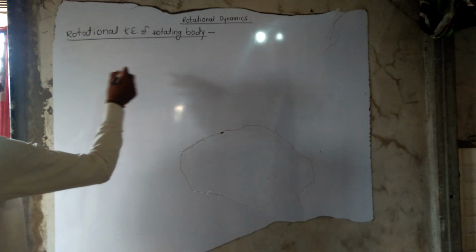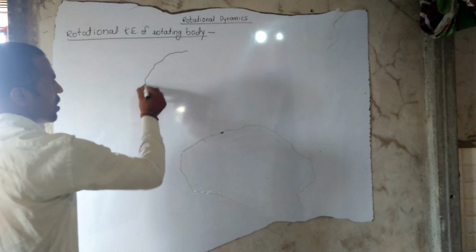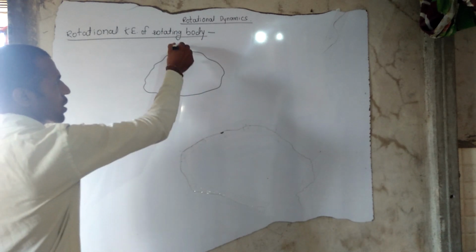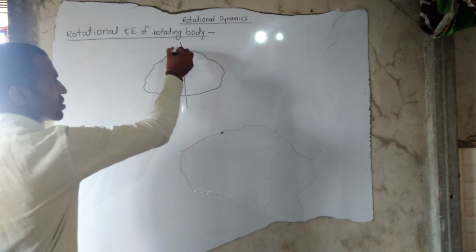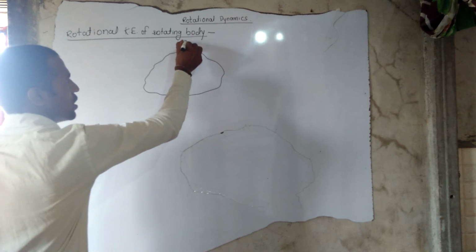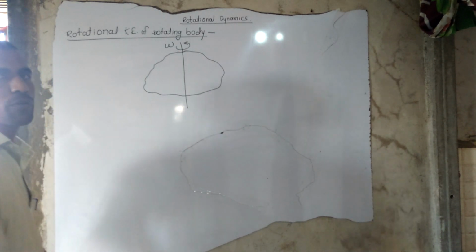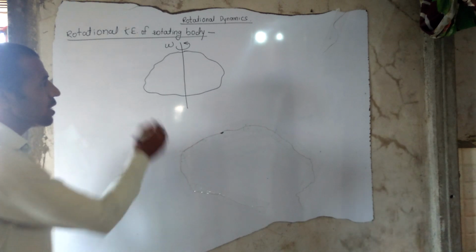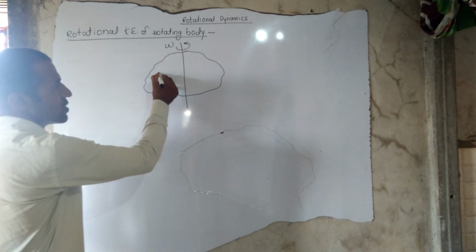Consider a rigid body which is rotating about an axis which is passing through the body. If this body is rotating with angular velocity omega, now this body consists of a large number of particles.